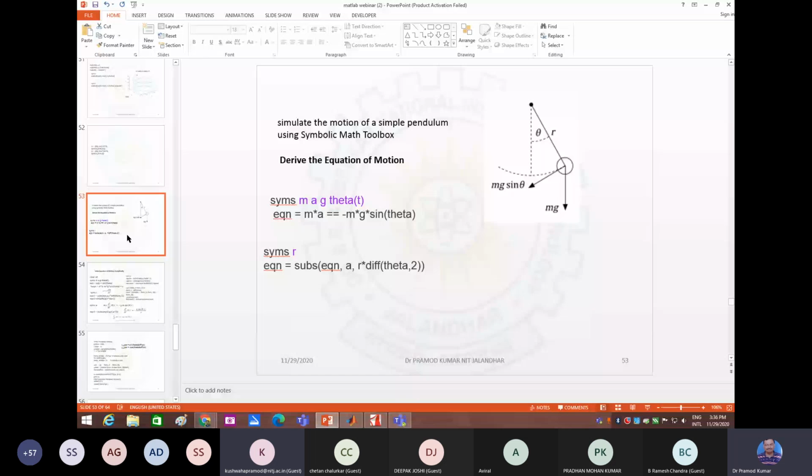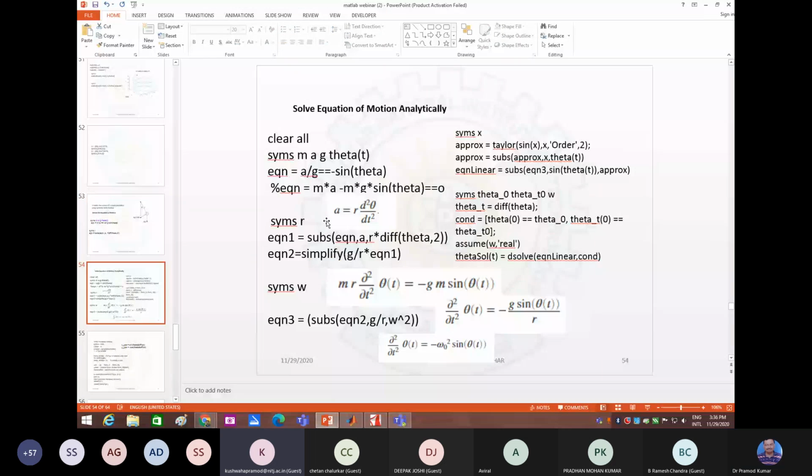First of all, we derive the equation using Matlab, and then how this variation takes place will be calculated. This is the equation: ma is equal to mg sine theta. The acceleration a we are putting as r omega square.